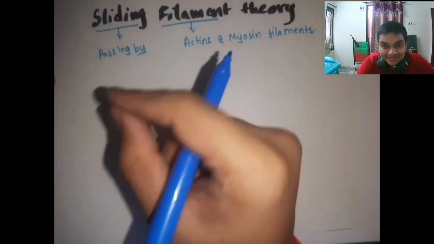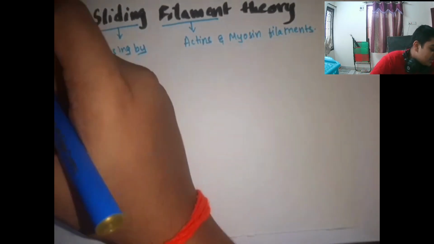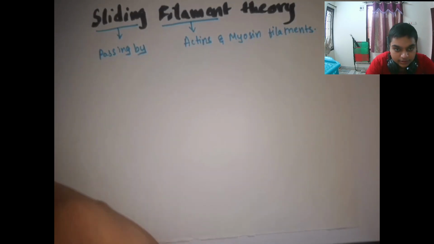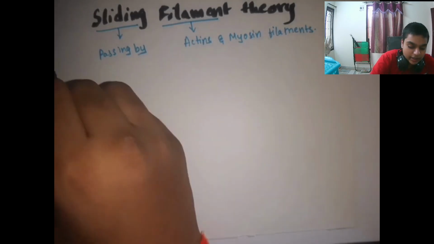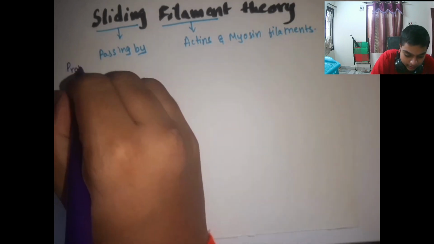Okay, now let's see the main key points of this theory. This is important, so write each and every point which I write on the paper.